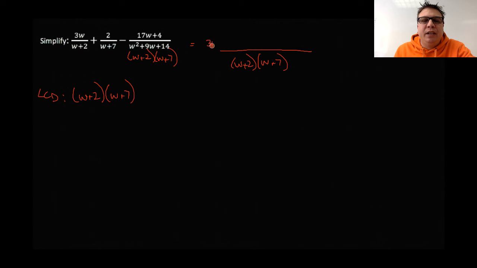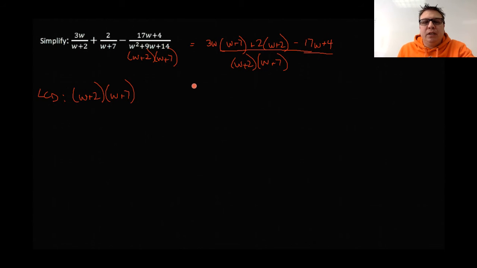I already had a 3w here that's now going to have to be multiplied by w plus 7. Plus, I had a 2 there, and then to get common denominators, I'm going to introduce a w plus 2, minus the stuff I already had there because there's no change.